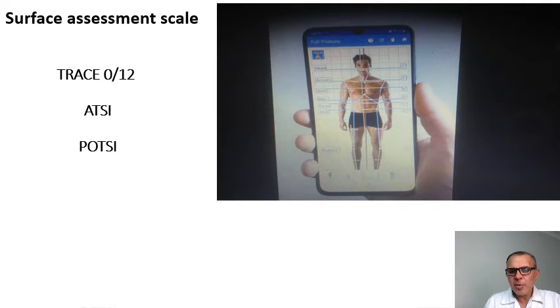Then we have other topographic tools like the anterior trunk symmetry index, like what we see here on the slides right there, and also the posterior trunk symmetry index.